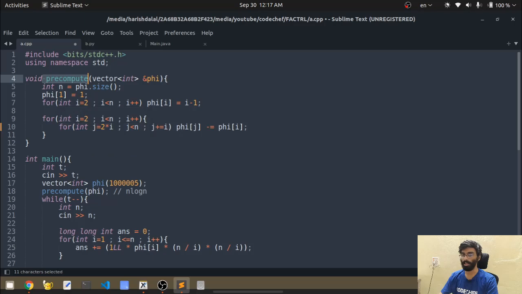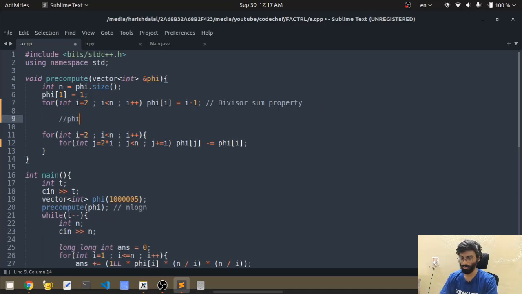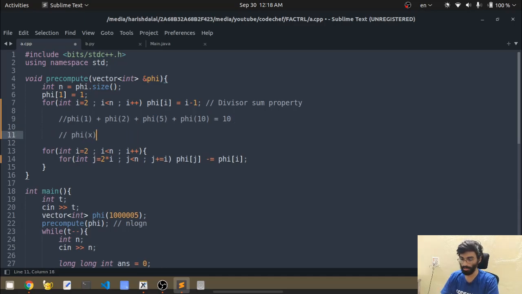This function is written with the help of the divisor sum property, where the sum of phi over all the factors of x equals x. For example, phi of 1 plus phi of 2 plus phi of 5 plus phi of 10, these all are the factors of 10, equals 10. So phi of x will be x subtracted by phi of all the factors of x excluding x.